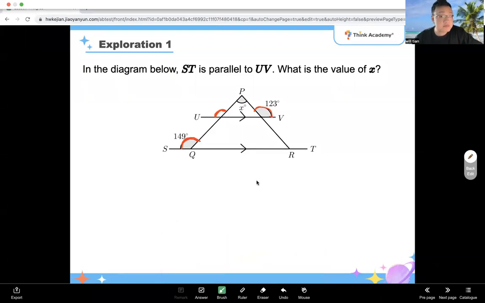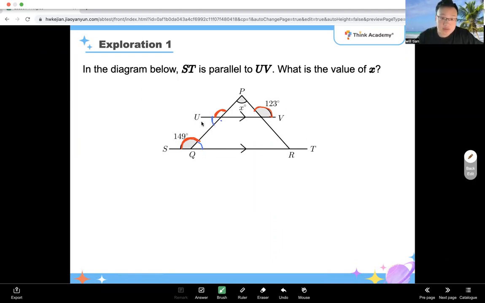Since you know that angle SQP is 149, then the angle on top of it is 31. Which one, this one over here, the upper one?